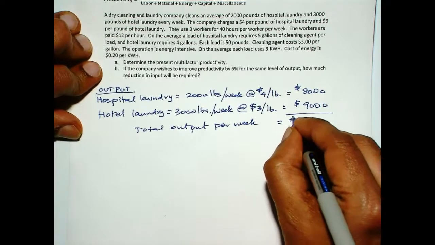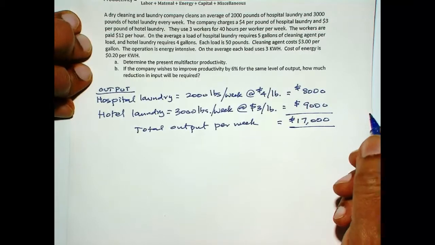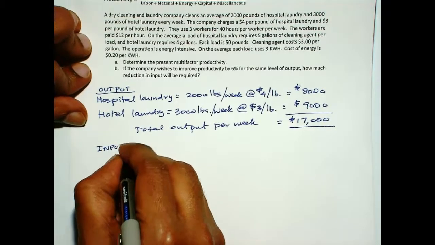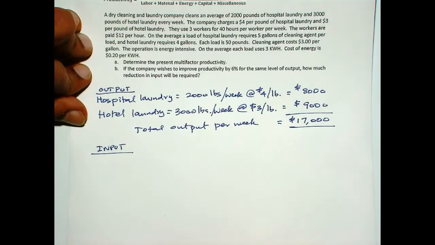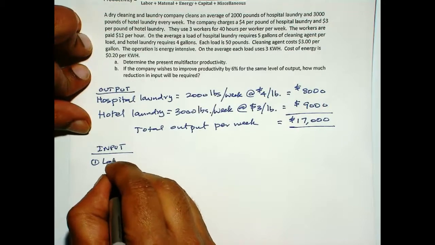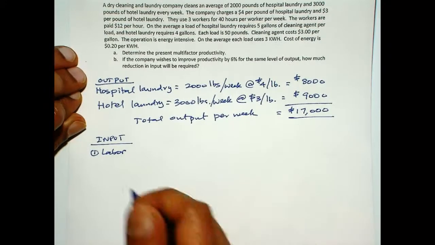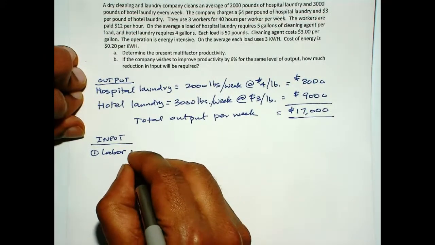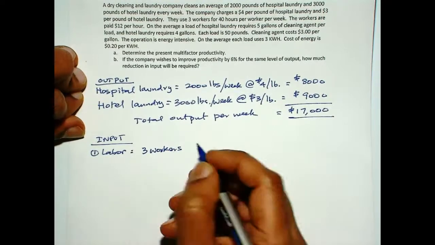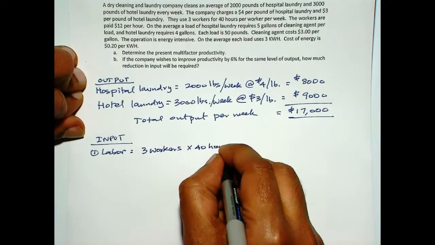So now let's look at input. Remember, there are 3 inputs. So let's take the first one, labor. So we have 3 workers times 40 hours per week times $12 an hour.